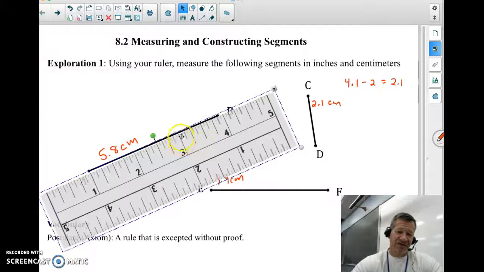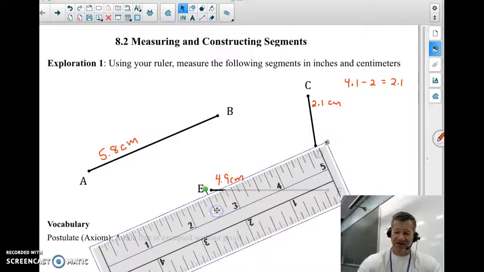If you notice, there's 1, 2, 3, 4 between each of the bigger lines. So this would be 4, 8, 12, 13, 14, pretty close to 15. So it looks like this would be 1, 2, and 15 sixteenths. There's 16 parts to each inch on the ruler. So I would say that this is 2 and 15 sixteenths inches.